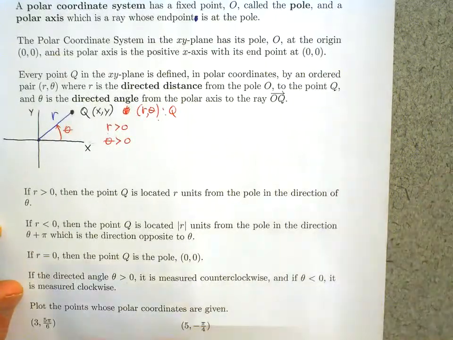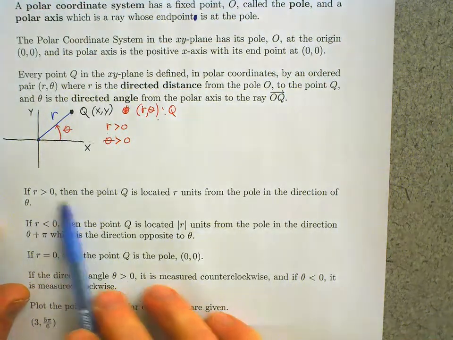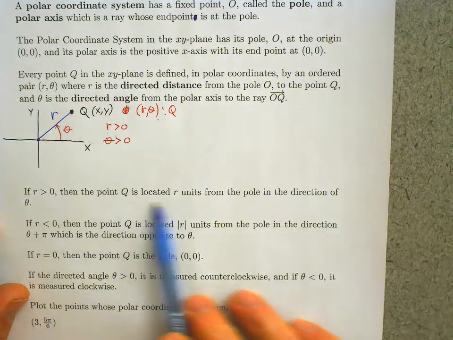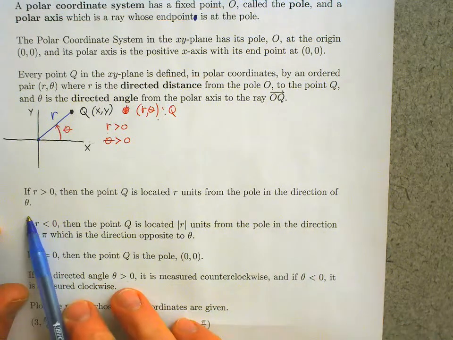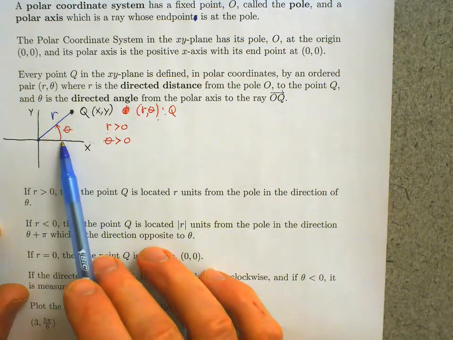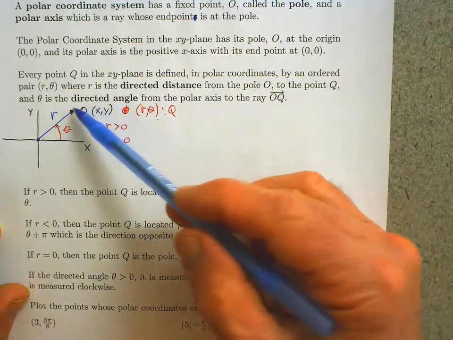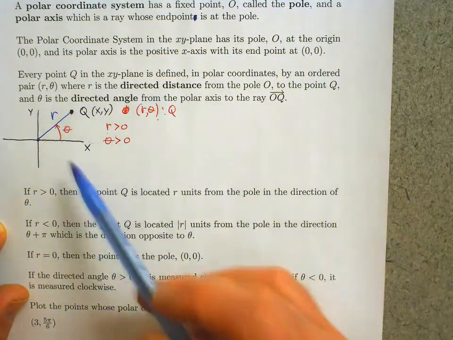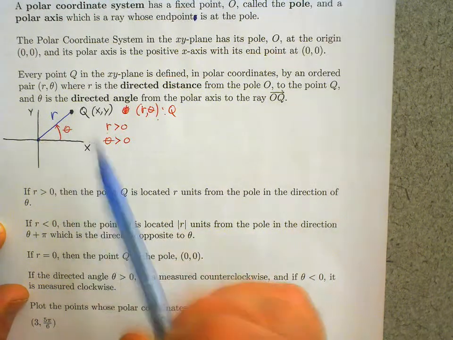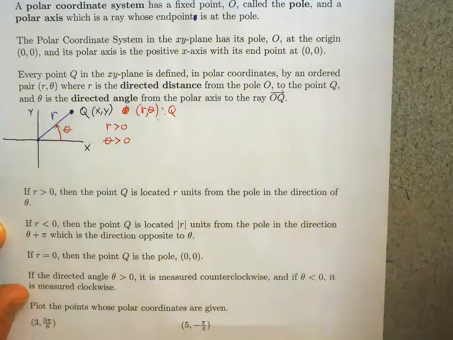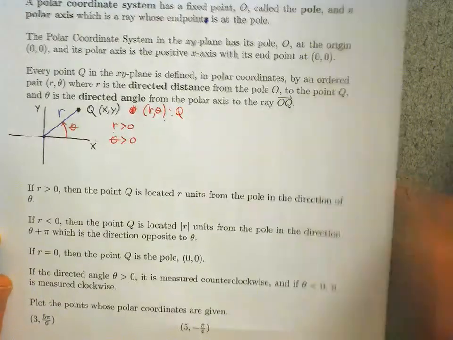If r is greater than 0, then the point Q is located r units from the pole in the direction of theta. So that's what this graph represents. The point Q is located r units from the pole, or the origin, in the direction of theta.